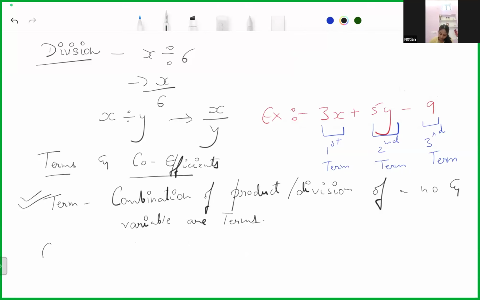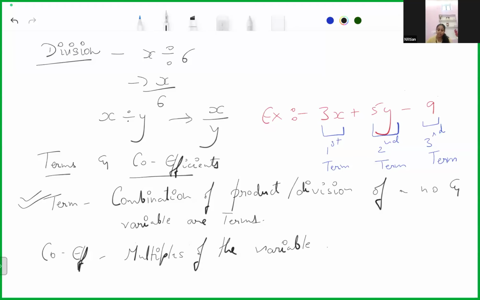Yes. So coefficients are the multiple of the variable: multiple, dividend, or divisor of the variable.